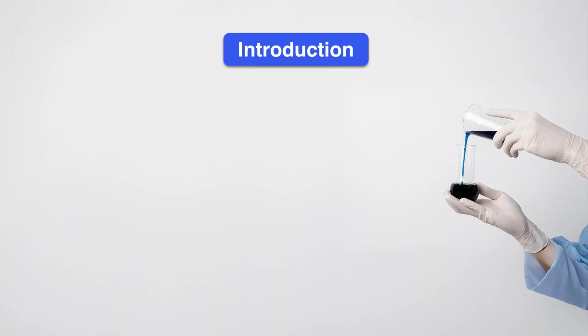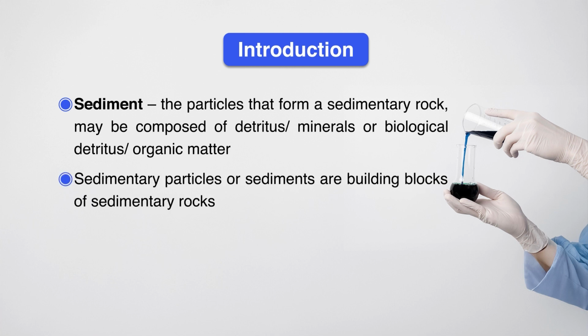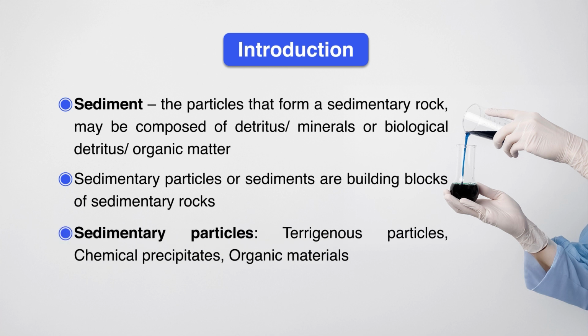The particles that form a sedimentary rock may be composed of detrital minerals, biological detritus, or organic matter, and this is called sediment. These sedimentary particles, or sediments, are the building blocks of sedimentary rocks, and they may be heterogeneous, chemical precipitates, or even organic materials.